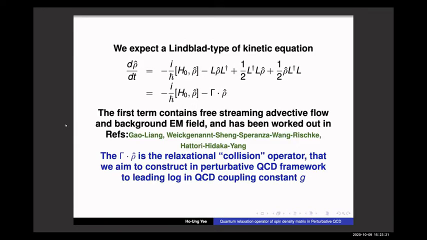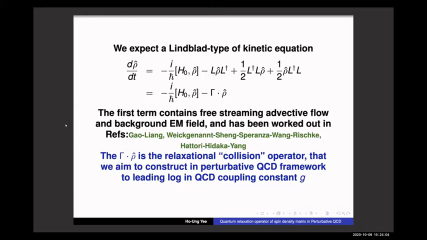And as we know very well, it is expected that the time evolution equation for the density matrix is a sum of the Hamiltonian evolution term and the relaxational collision-like term. And fortunately, this Hamiltonian evolution, which should correspond to the free streaming part of the Boltzmann equation, has already been worked out by many colleagues participating here in the audience.